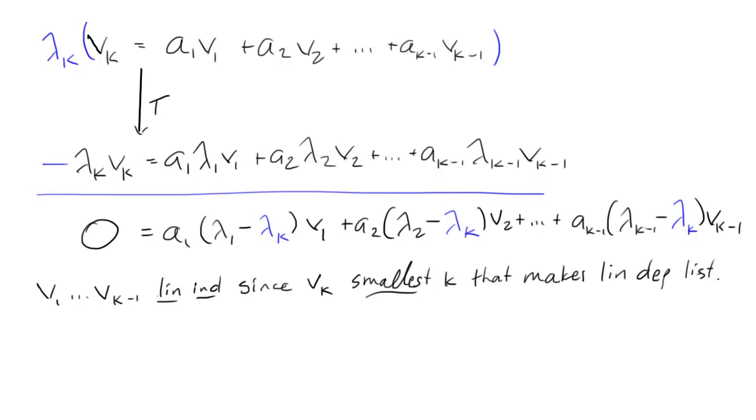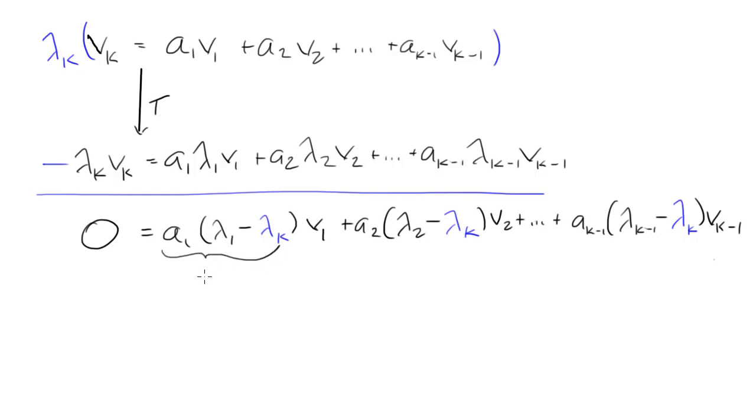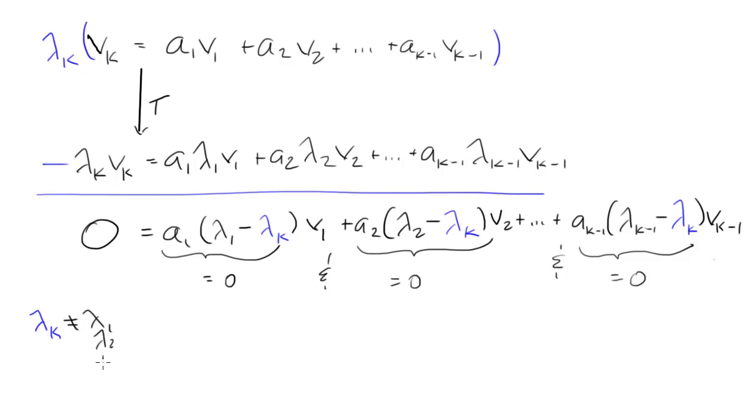By the definition of linear independence, all of the scalars must be zero. The only way for a product to equal zero is one of the terms has to be zero. But the difference is the lambdas aren't zero because they're distinct. So that means a1 has to be zero, a2 has to be zero, a_{k-1} has to be zero.